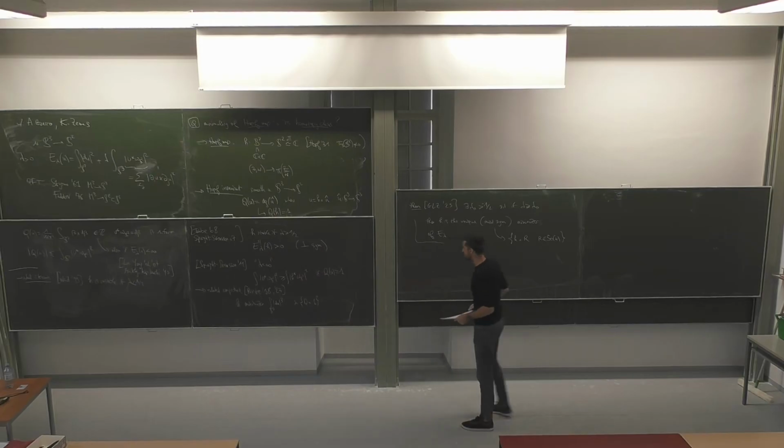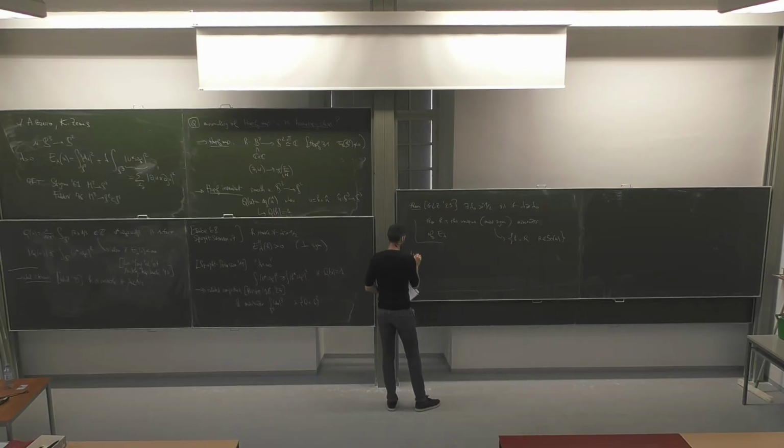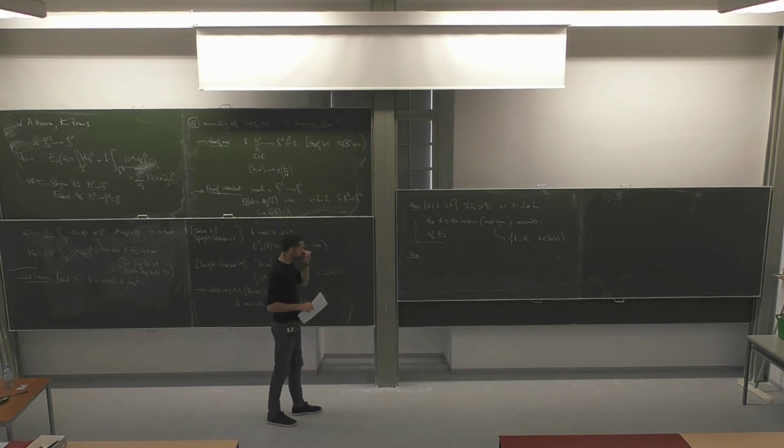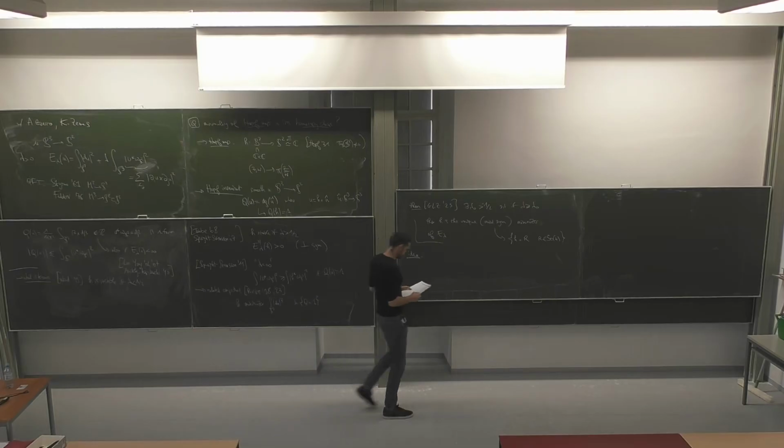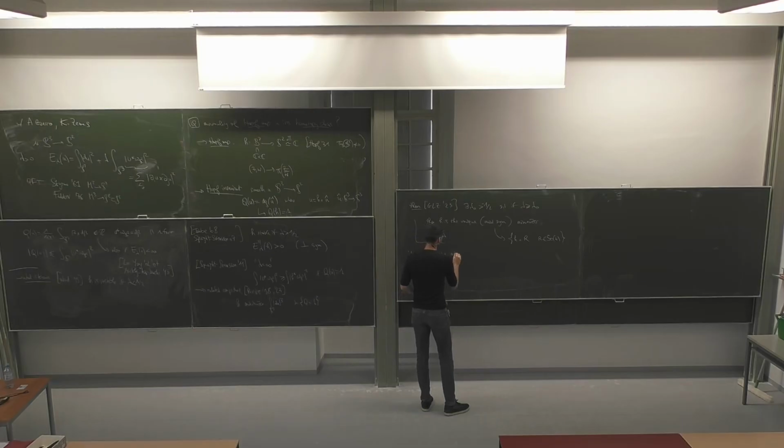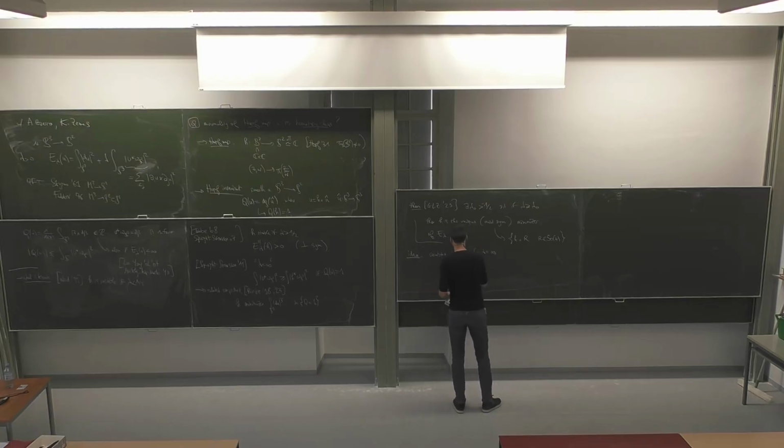So let me be a bit more precise about why this should be true. Okay, as I said, you want to combine the minimality for lambda infinity with the stability for all other lambda.